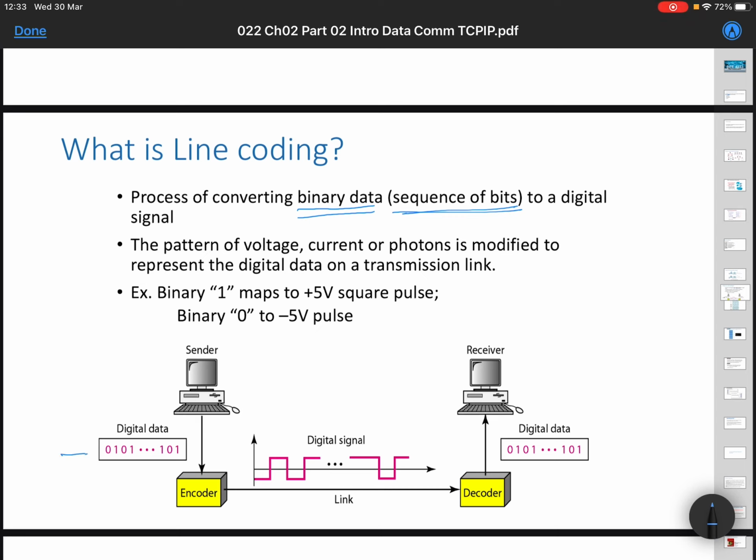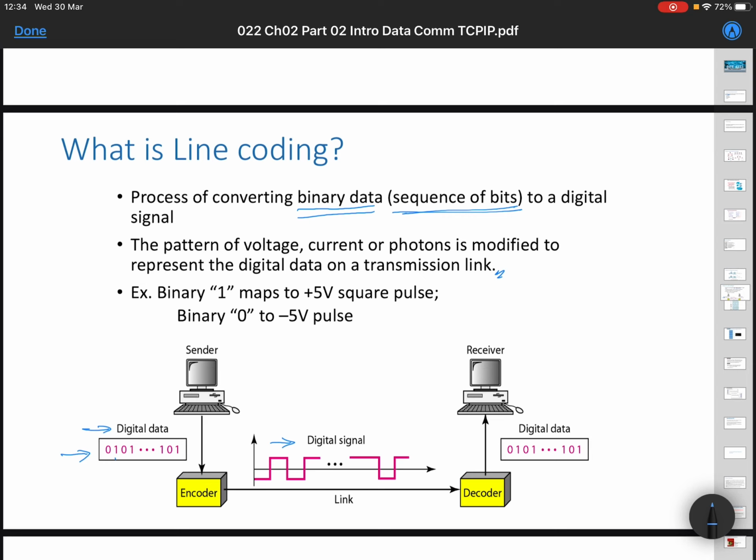A digital signal is in the form of highs and lows. The pattern of voltage, current, or photons is modified to represent the digital data on a transmission link. So you have digital data and you have a digital signal. Encoding is the process of converting digital data to be represented as a digital signal.